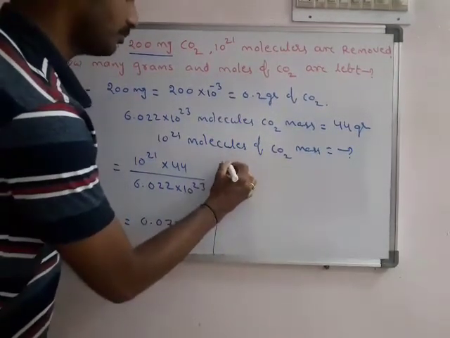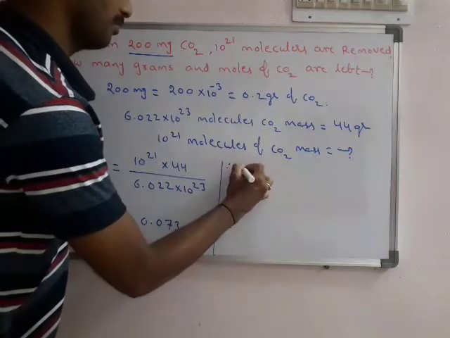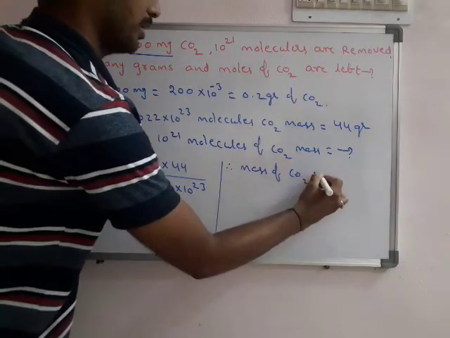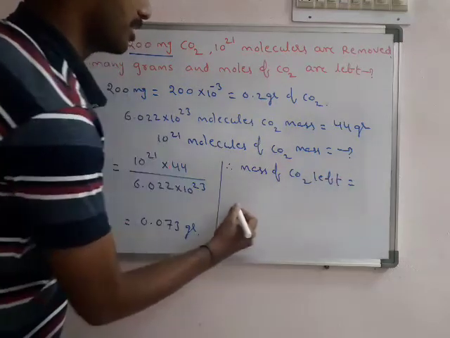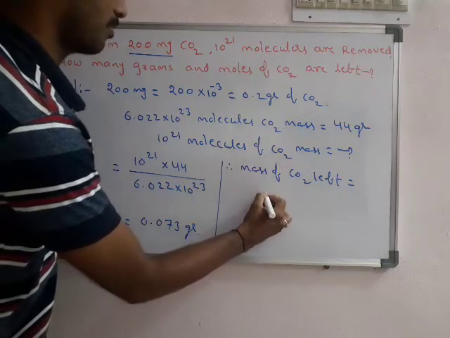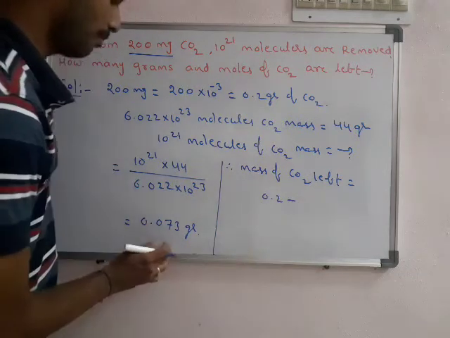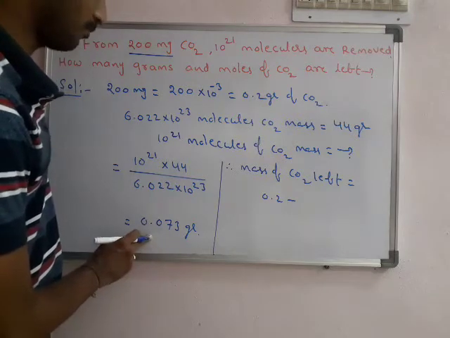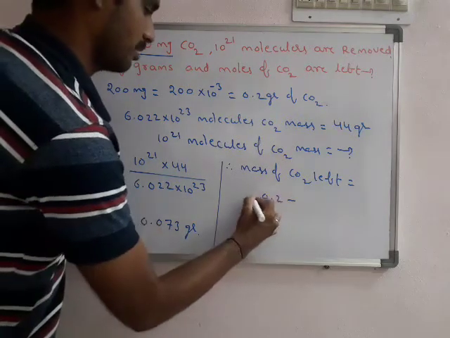Therefore, mass of CO2 left is initial mass, how much? 0.2 grams minus the removed mass, how much? 0.073.